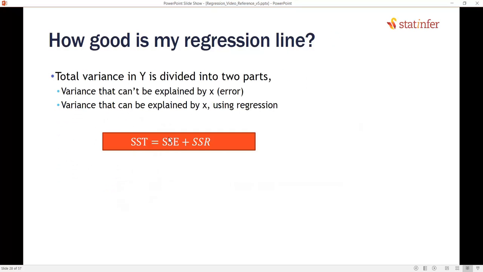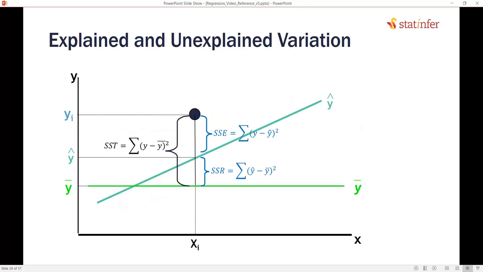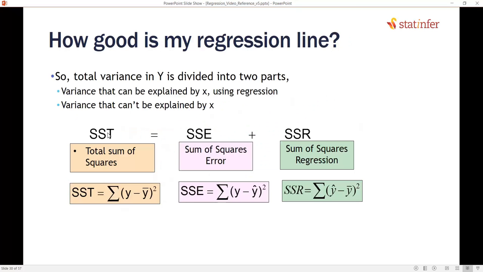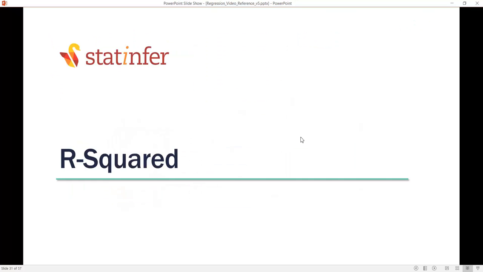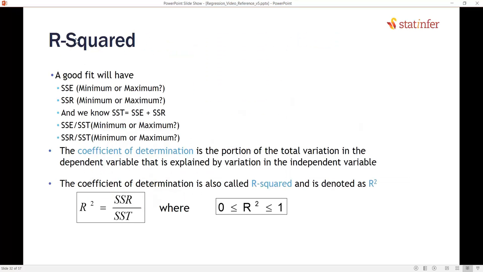So for a good model, SSE should be really low. Or one more way of looking at it is your total variance in y is SSE plus SSR, and we need to make sure that for a really good model, SSE should be minimum. The error sum of squares should be minimum.